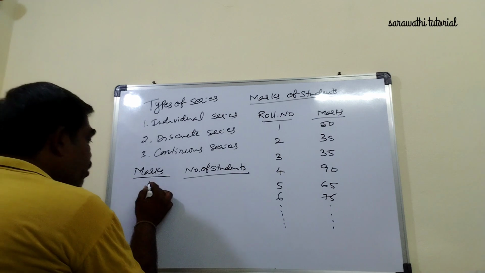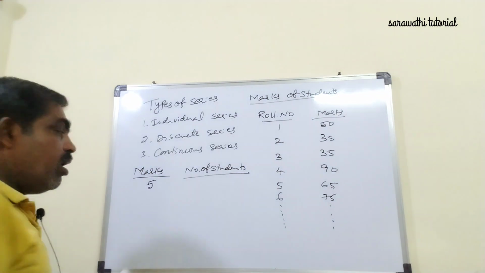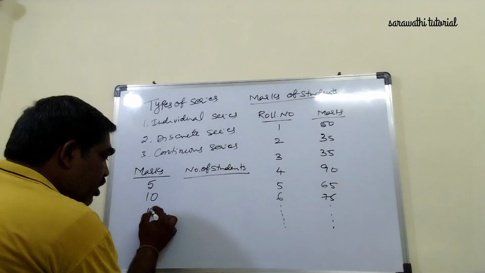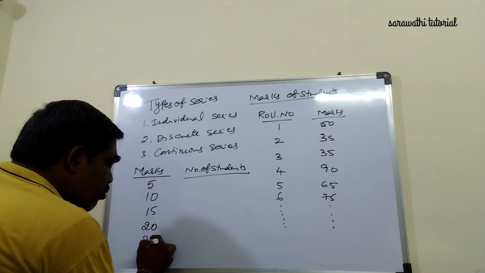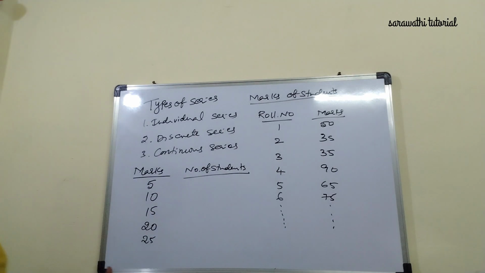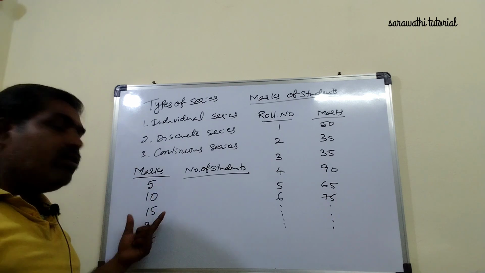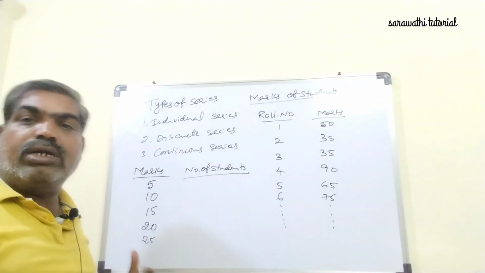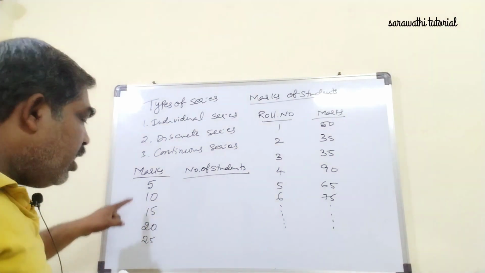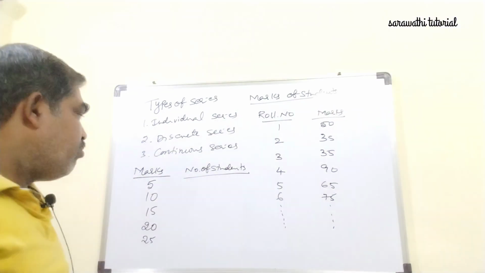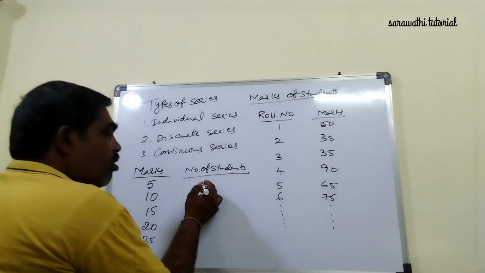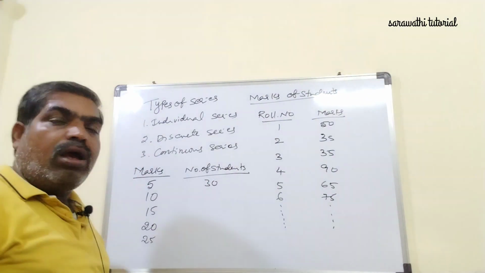For example, I am taking 5 marks, 10 marks, 15 marks, 20 marks. If the paper is a 100 marks paper, I took the measurement as 5, 10, 15, 20, 25, 30 like that. When the data is taken like this, for example, 5 marks, how many students? 30 students got.